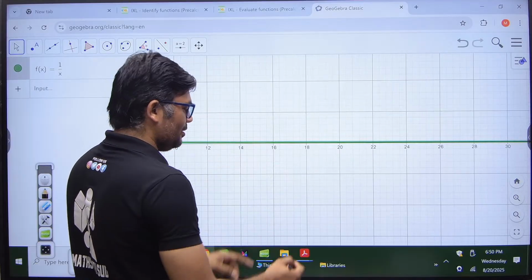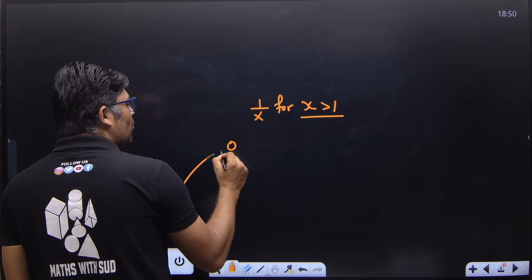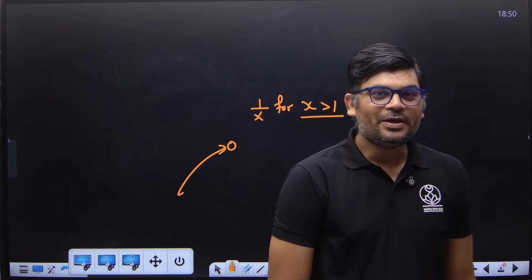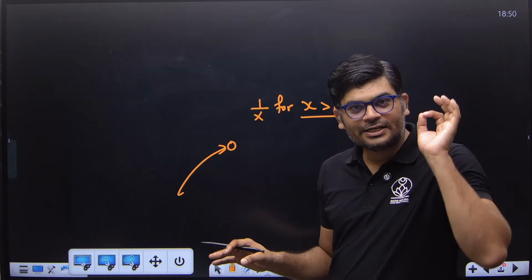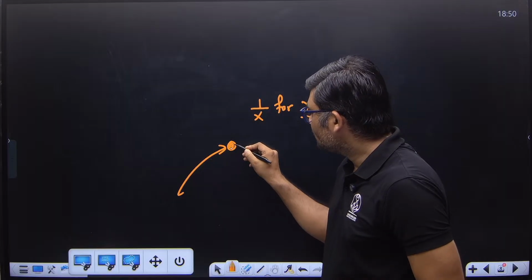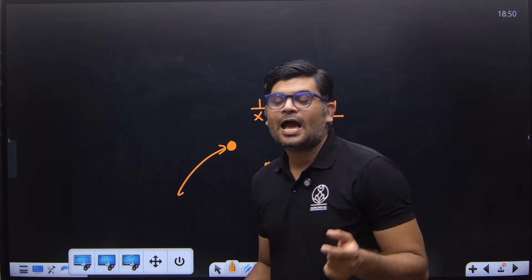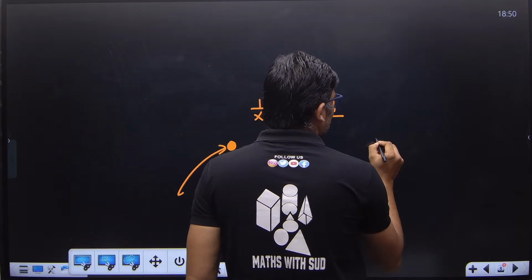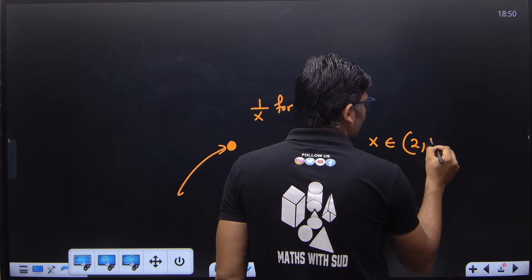So that is an asymptote. An asymptote is a line. Similarly, this circle is like an asymptote, a point. This is a point asymptote. It means the graph is very close to this, but it will not touch this. It will not attain this value. If it is blackened, darkened, then this value is attained. And how do we do this? We use the bracket. Suppose I say x lies between 2 to 4.